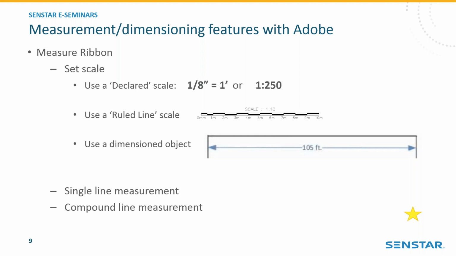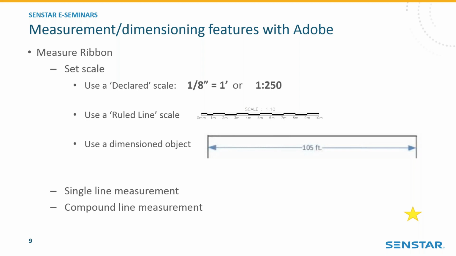In order to set measurements and dimension features within Adobe, there's really three ways of doing it. There's either using a declared value, which is basically printed on the diagram, or using a ruled line scale, or using a dimensioned object. And once you've got that established, you can do single line measurements, you can do compound line measurements, pretty much anything you want.